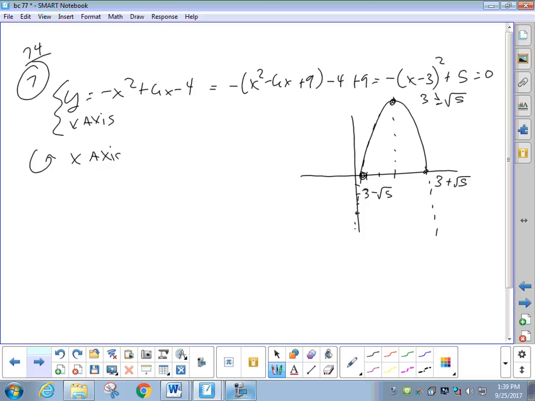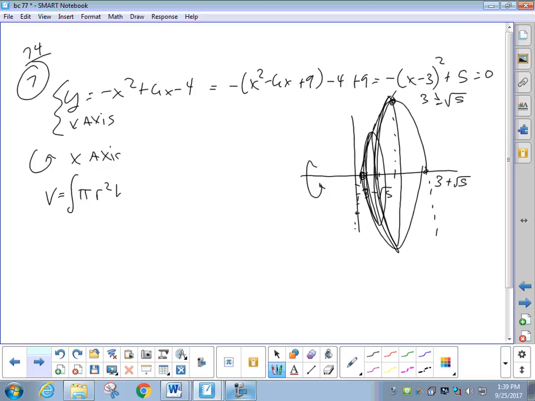All right. This then is rotated about the x-axis to create a volume of revolution, making many disks. I'll be interested in seeing how this goes on the test. How are you doing on volume by disk? Good. Okay. The idea being that the volume is the sum of many cylinders. So it's many pi r squared h's.